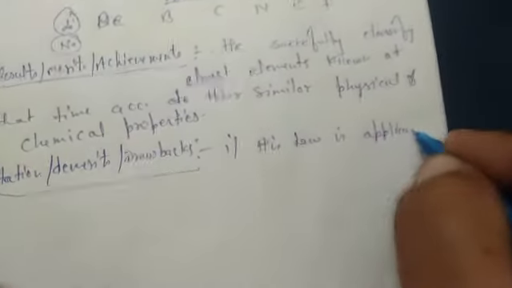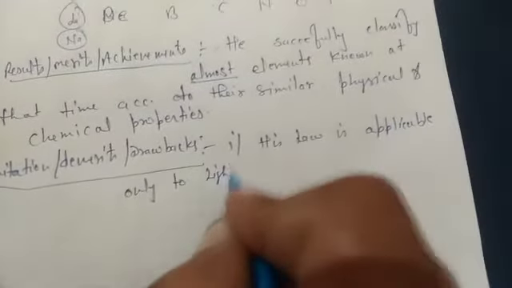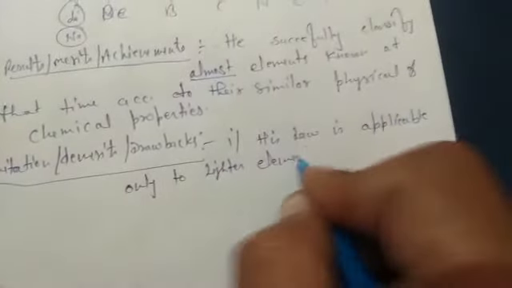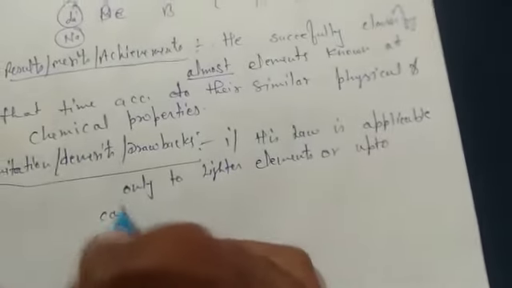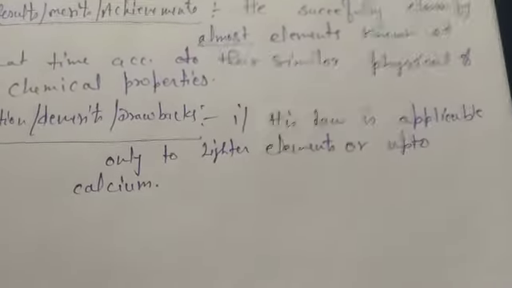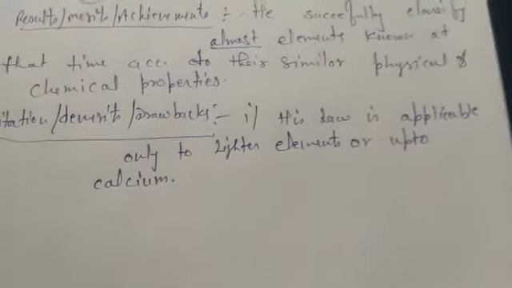In the answer, first, his law is applicable only to lighter elements, or you can say only up to calcium. After that, you will see that if you arrange those elements according to increasing atomic mass, their properties are not matching. So his law is applicable only up to calcium, or lighter elements.